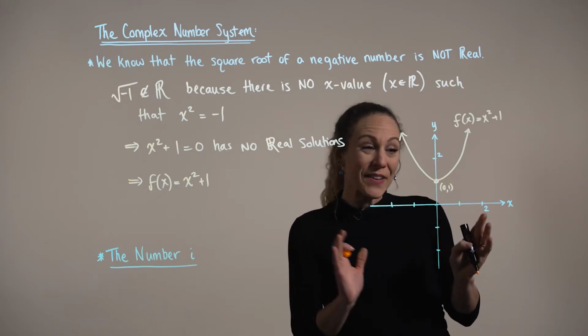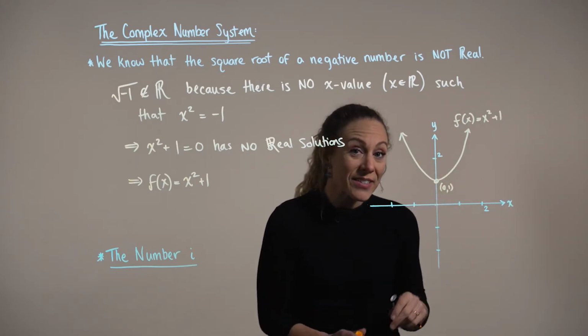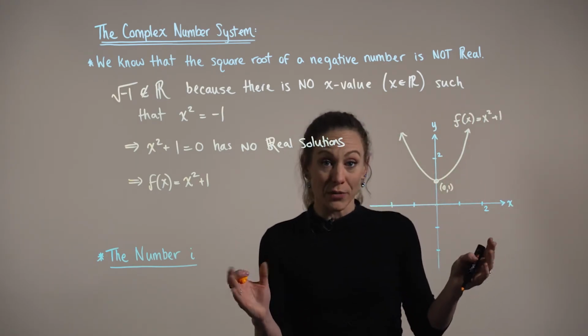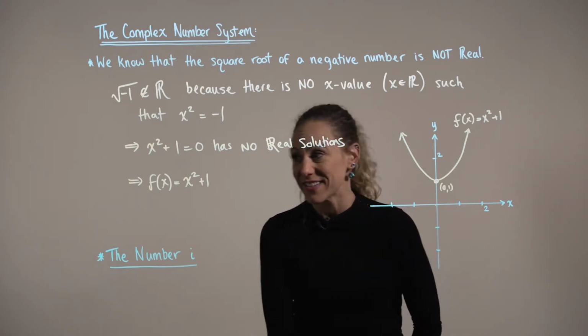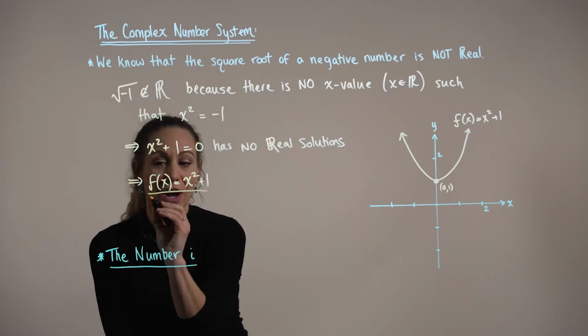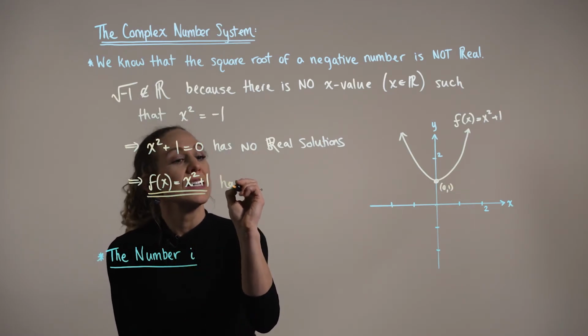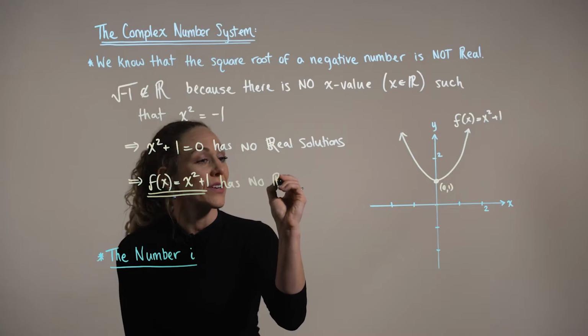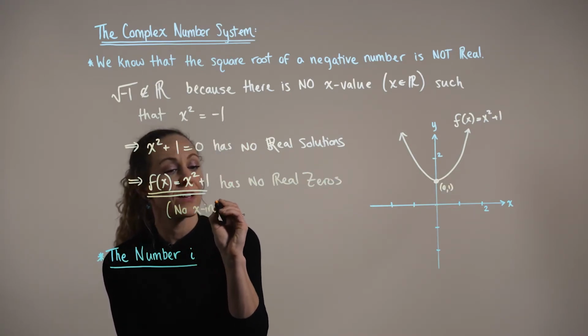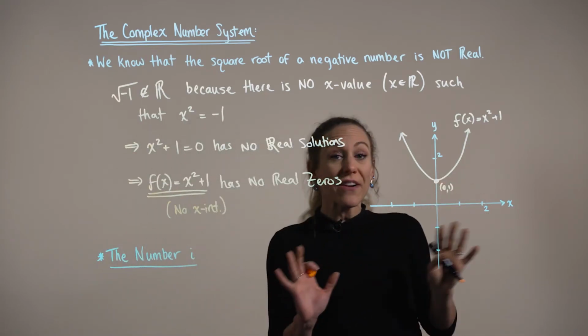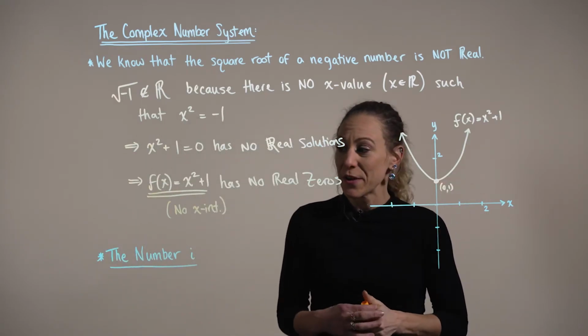Observe that this function f of x has no real zeros, or no x-intercepts, because it's never crossing the x-axis.